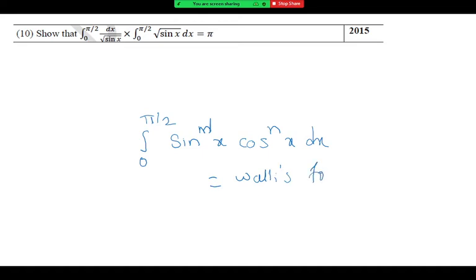If they are integers, then only we can use this Wallis formula.